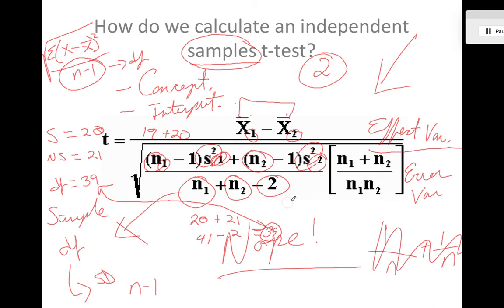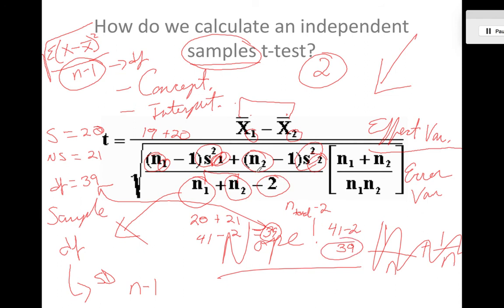Or you can also do the following, n total, here I'll just write total very quickly, n total minus 2, which is essentially adding these two numbers up. So 20 plus 21 gives me 41, minus 2 gives me 39. So ultimately here, why is it doing this? Why is it taking 2?